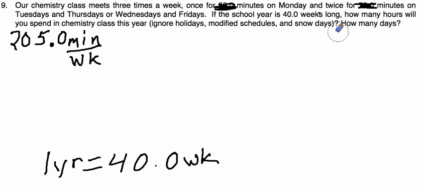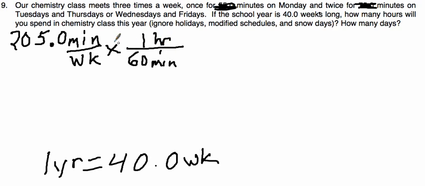Carrying on, we have our minutes and weeks. We can work on either one of them. We have obvious conversion factors that I didn't write down. I want to switch my minutes to hours. I can do that because since kindergarten, I've known that there's 60 minutes in 1 hour.